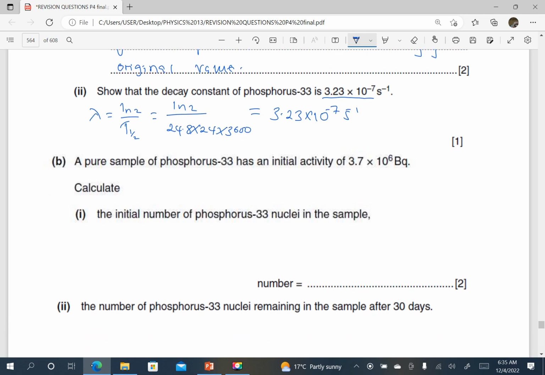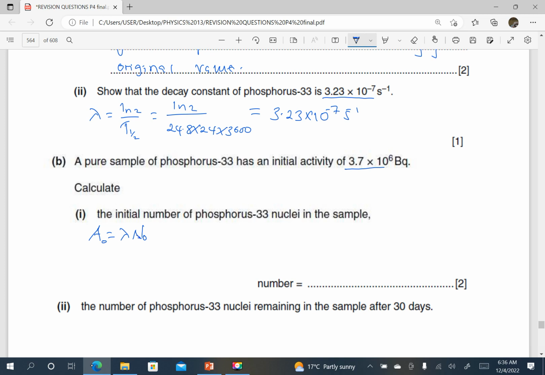A pure sample of phosphorus 33 has initial activity of 3.7 times 10 power 6 becquerels. Calculate the initial number of phosphorus 33 nuclei in the sample. So they have given us the initial activity, and we know from our classes activity is equal to decay constant times N naught.